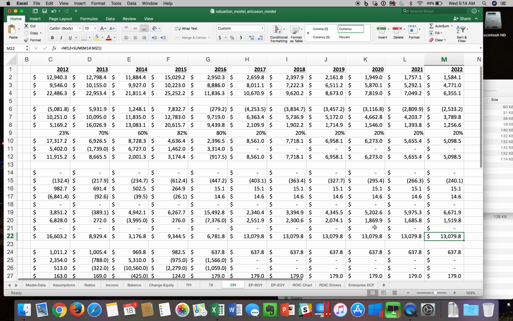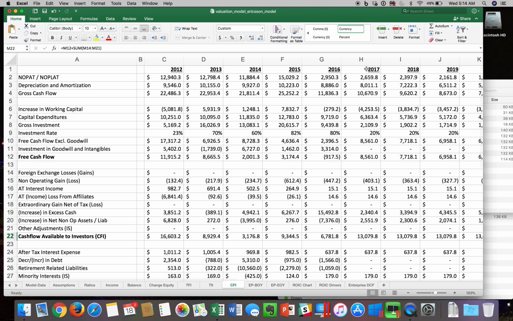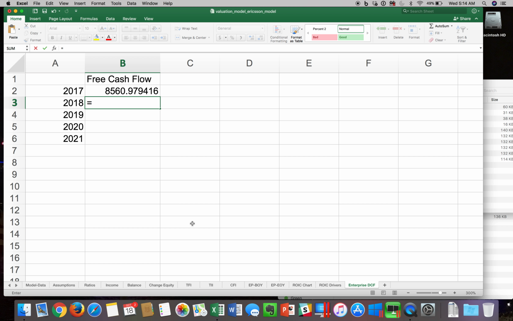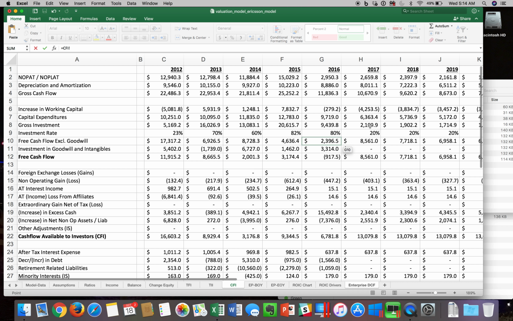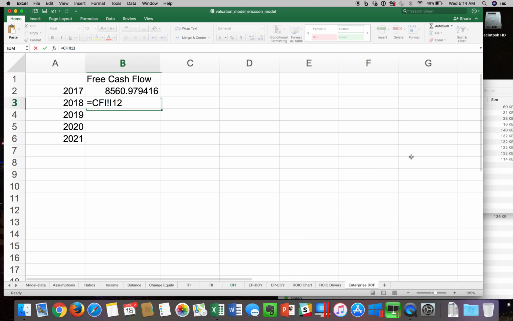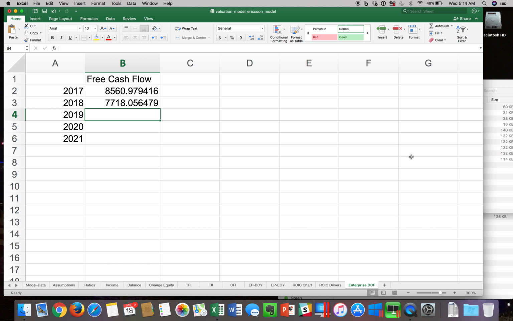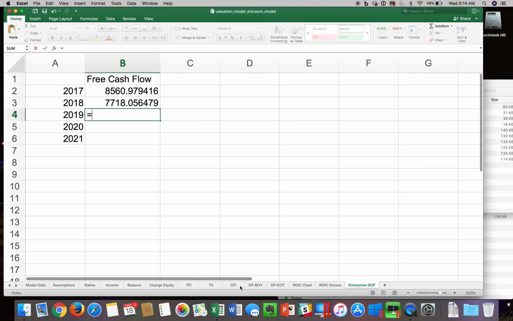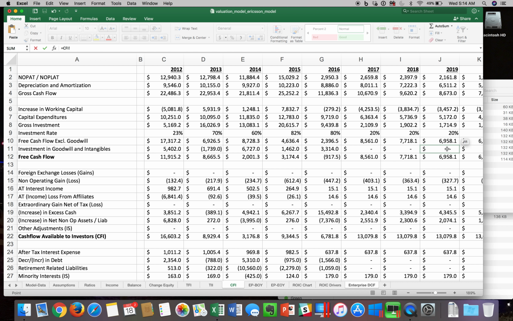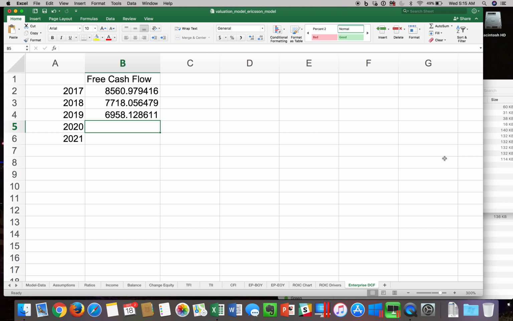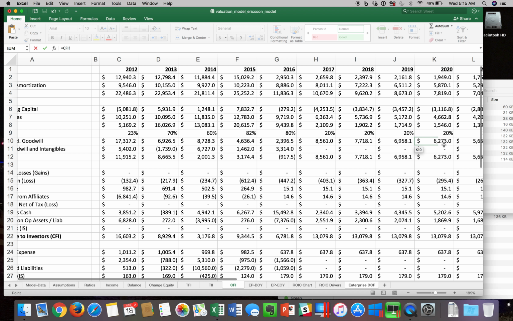Back to Enterprise DCF, 2018 free cash flow off the CFI forecast is I12. 2019 free cash flow off the CFI tab is J12. 2020 forecasted free cash flow off the CFI is K12.